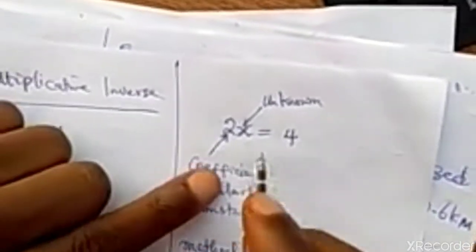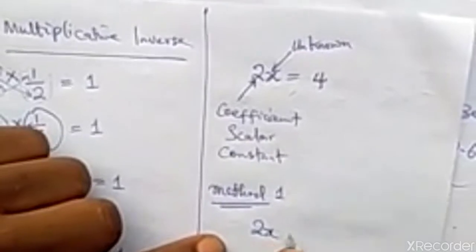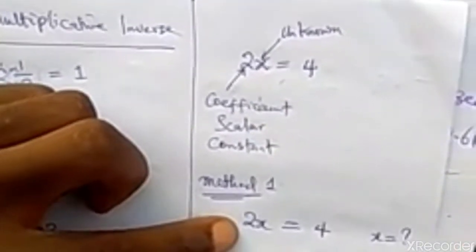Remember, we say what is good for the goose is good for the gander. So for method 1, I would like to apply dividing by the coefficient, so that you understand it. We have 2x is equal to 4. Remember the essence of every equation is to find the value of the unknown.